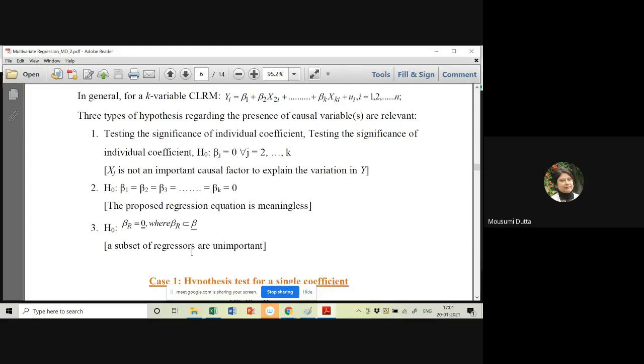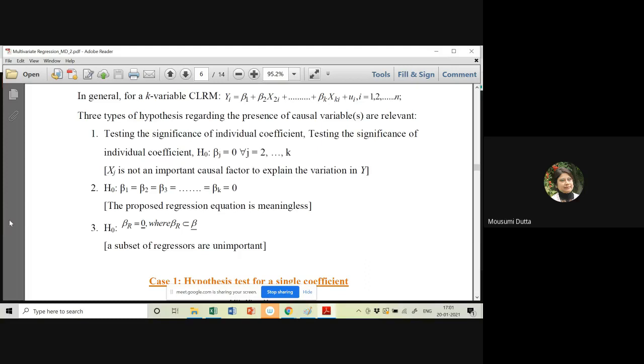Finally, we can consider a subset of the regressors, that is, we can consider two regression coefficients, say beta 1 and beta 2. We can establish a relationship between them and check whether beta 1 plus beta 2 is equal to 0 or not, or you may check whether beta 1 minus beta 2 is equal to 0, or whether beta 1 plus beta 2 plus beta 3 is equal to 0.